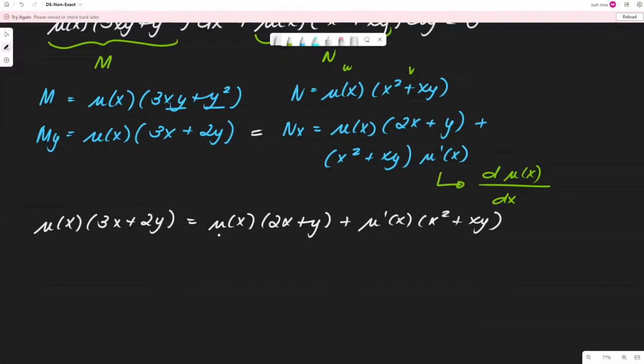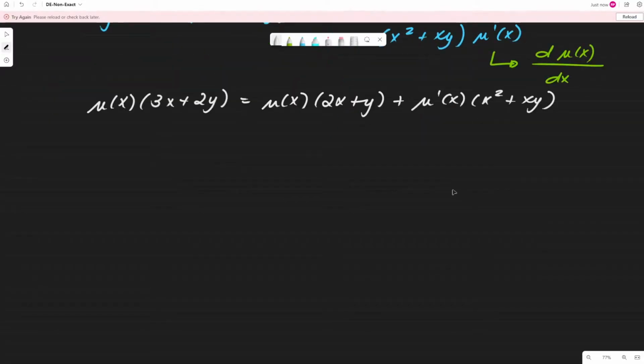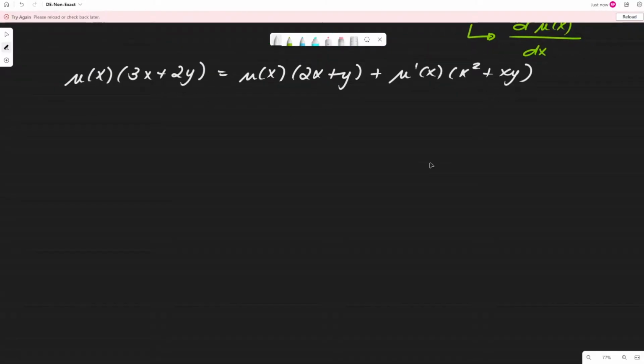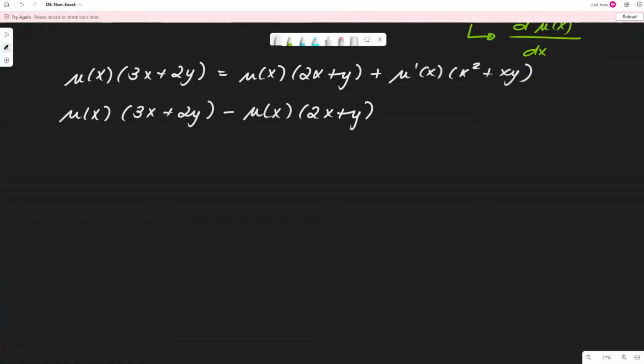So what will we do? All the mu prime of x on the right, all the mu of x on the left. You can also do this when you are looking for mu of y, as long as it is the integrating factor we are looking for. So we have mu of x times 3x plus 2y minus mu of x times 2x plus y is equal to mu prime of x times x squared plus xy.